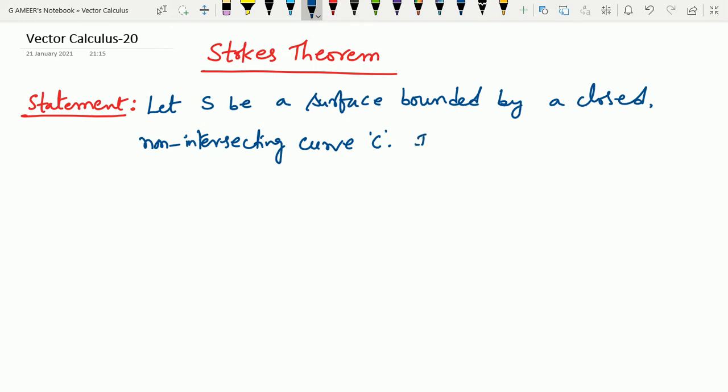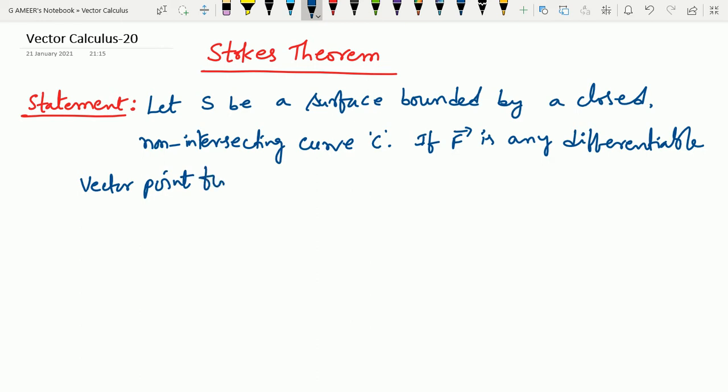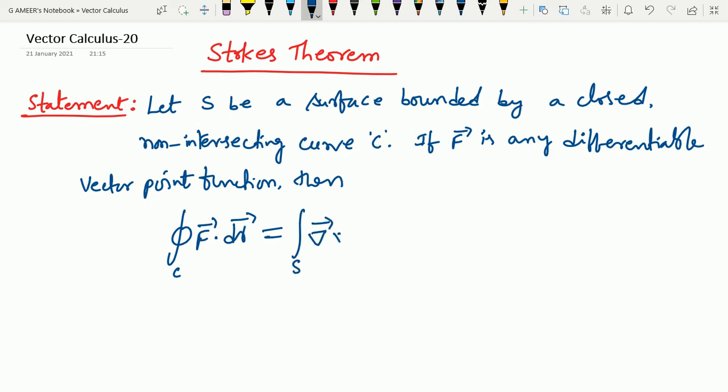If F is any differentiable vector point function, then the circulation of F along that closed curve will be equal to the surface integral of the curl of that vector over that surface.